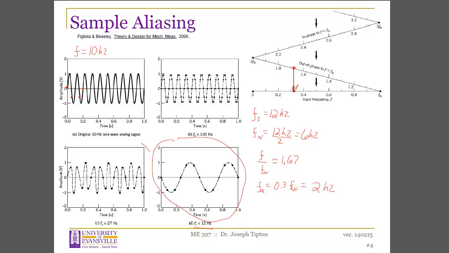If I want to resolve the peaks better, then I'm going to have to choose several multiples of the Nyquist frequency. So for example, in this case B, I could sample at 100 Hertz, and in that case you see now I'm getting multiple samples all over the incoming frequency, and I'm able to pretty much resolve the peaks and troughs of my signal.